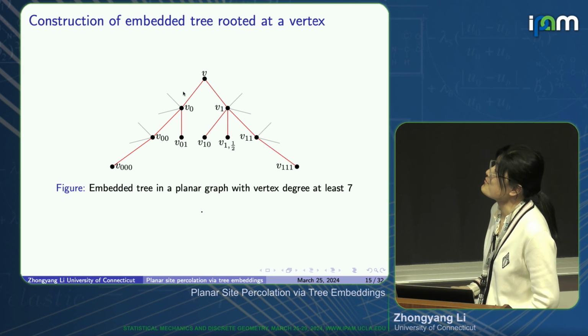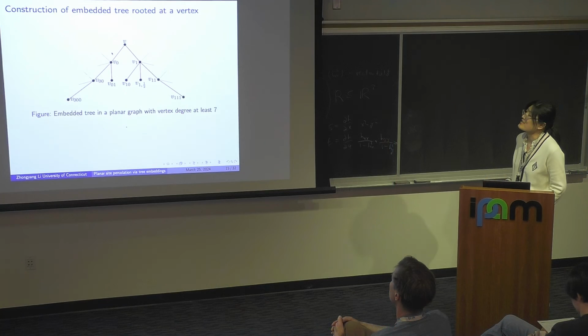And then we assume that walking along V0, V0,0, we have exactly 3 faces on the right. And then this vertex V1 has 3 children, V1,0, V1,1/2, and V1,1. And we assume that walking along V1, V1,1, it also has 3 faces on the left.